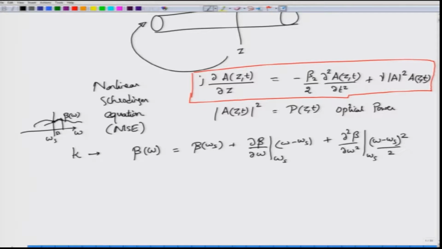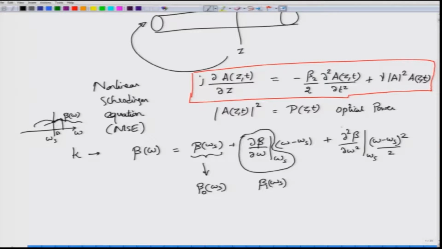Now, if you wish to keep only these 3 terms, which is normally what we do, there is a shorthand notation people have developed. The shorthand notation for this del beta by del omega at omega s is called beta 1, and we write this as beta 1 of omega s. And since this is the 0th order expansion in some sense, you can write this as beta 0 of omega s. Okay.